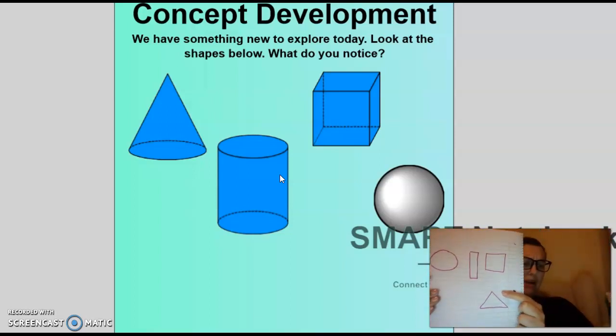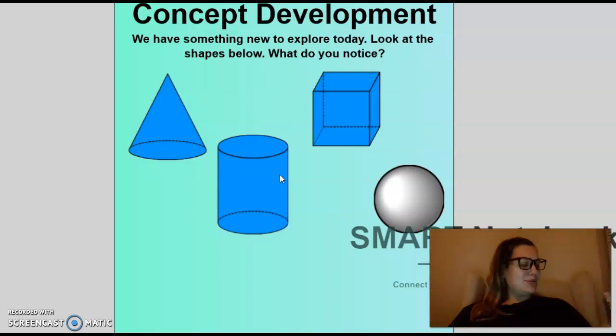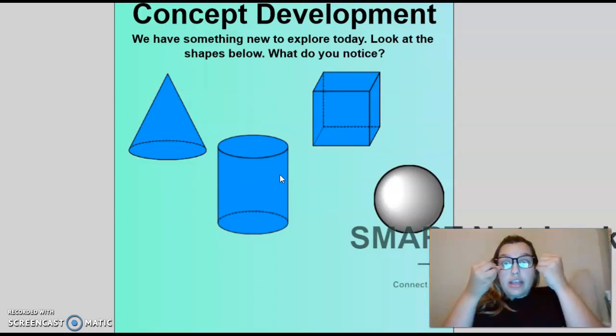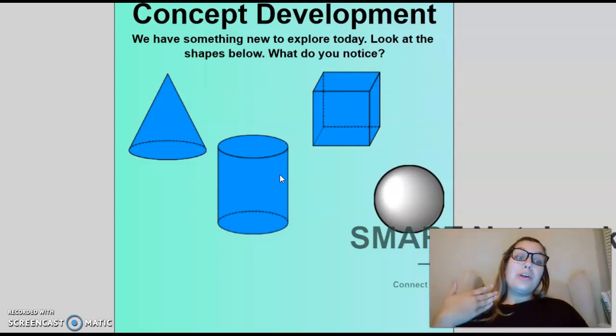Do these shapes pop out? No, they're just flat. But the shapes on our screen today, they look like they could just pop right out at us. So those are called 3D shapes or solid shapes. And we're going to explore these a little more today.